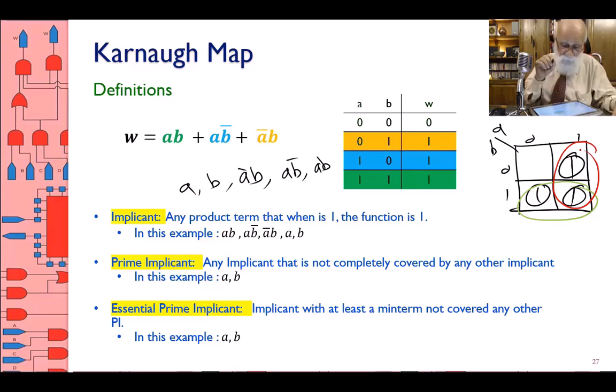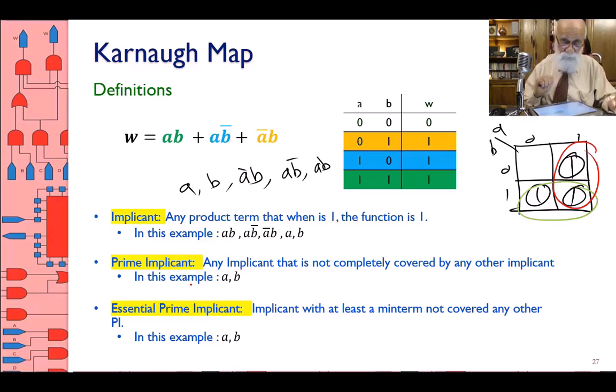And therefore, I refer to the green and the red as prime implicants. So the definition of prime implicant is this: if I have an implicant that is not completely covered by another implicant, that's a prime implicant.